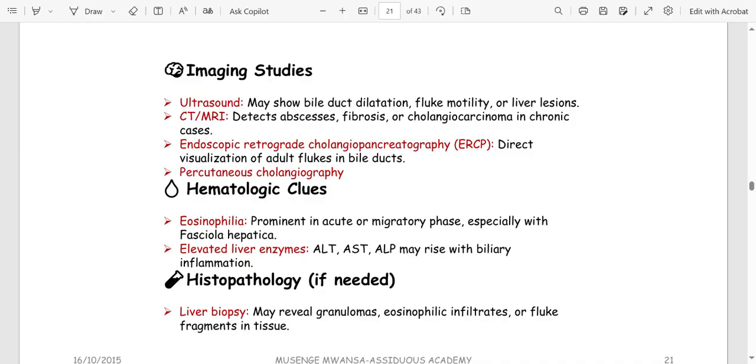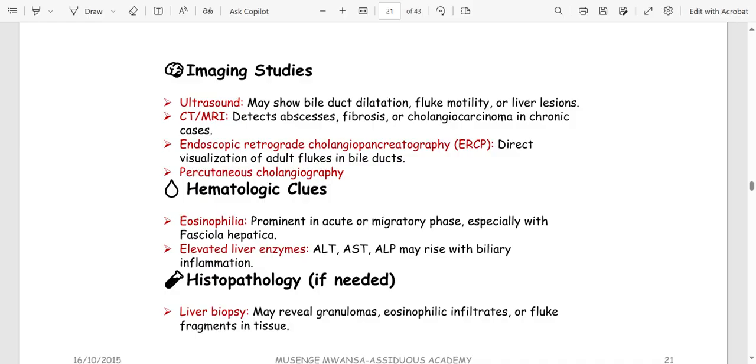Cholangio refers to the biliary tract, and pancreato because you're also looking at the pancreatic duct. This is abbreviated as ERCP. Here you are directly visualizing the adult worm in the biliary tract. Remember, the biliary tract doesn't contain only the hepatic duct, you also have the pancreatic duct.